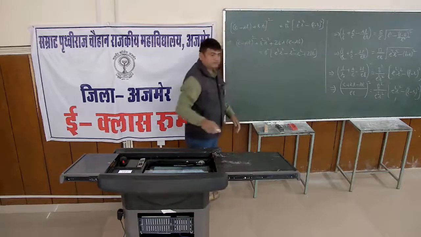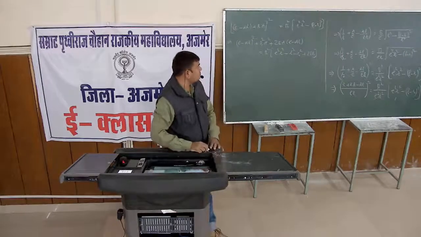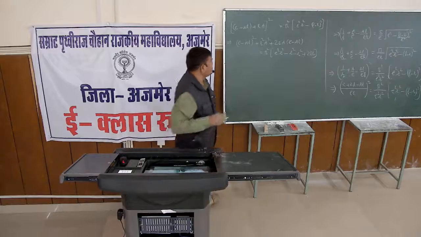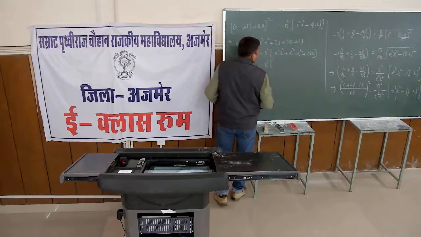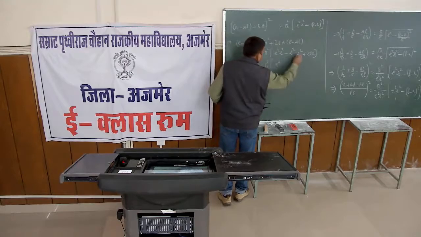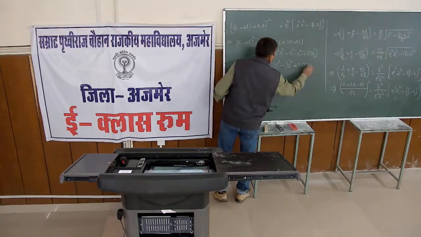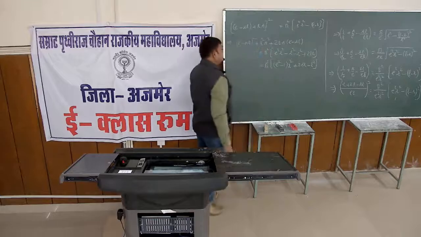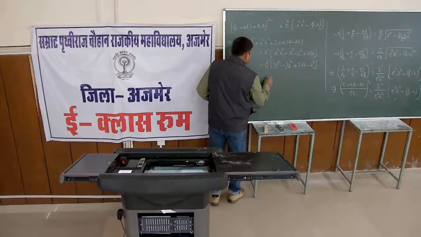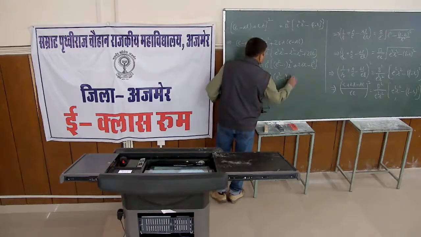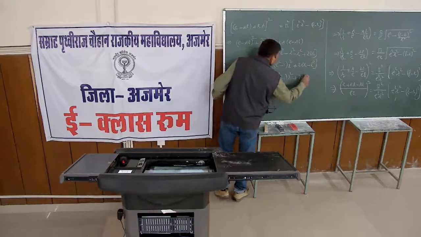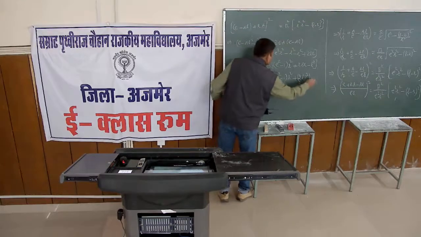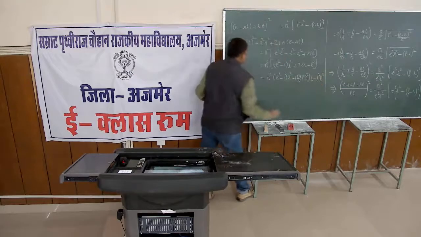Just open this. b square, this is e square minus 1 into r square plus 2lr minus l square. L square b square.